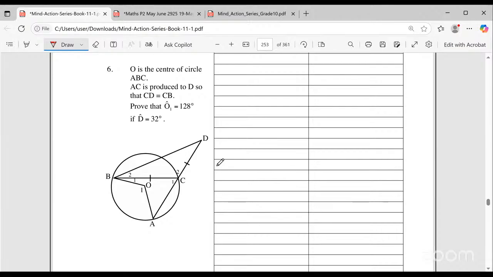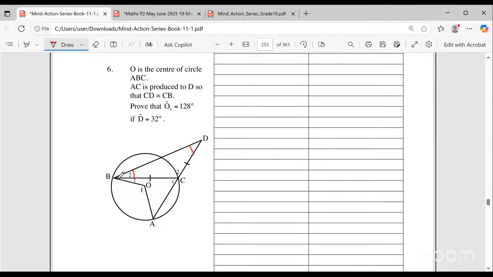AC is produced to D so that DC is equal to BC. By this, we can see that CBD is an isosceles triangle. Therefore, this angle will be equal to that angle. And we can also see that this is the radius and this is the radius.